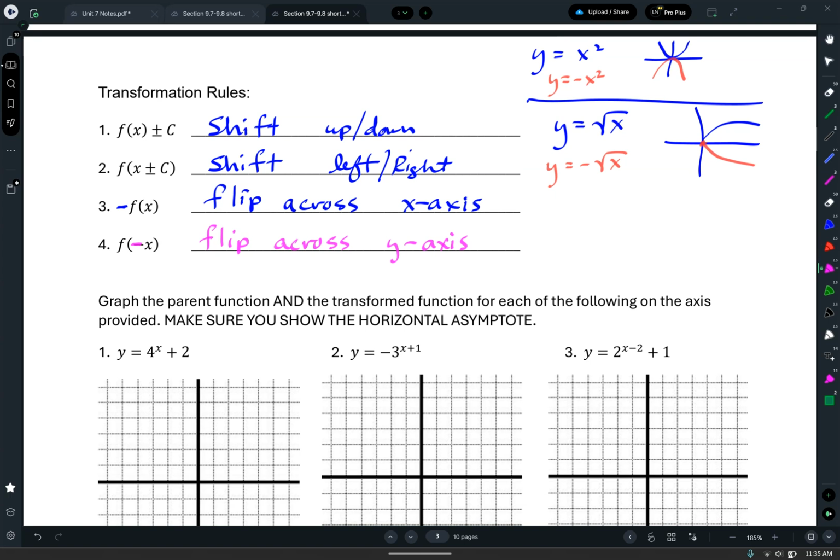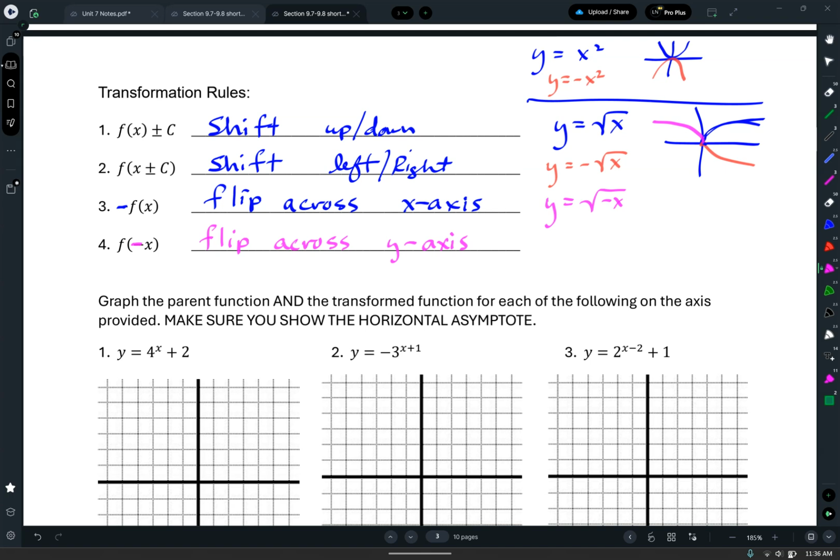But what if we had put the negative on the inside where the x is? Do you see the difference? Well, in that case, it's going to take what was the original square root graph, which is the blue one, right? There was your original square root graph. And I'm going to flip it across the y-axis, so it'll be going this direction. Okay?